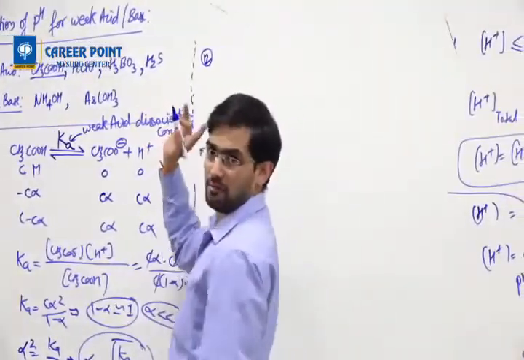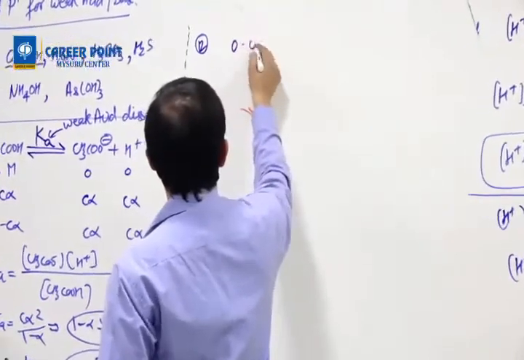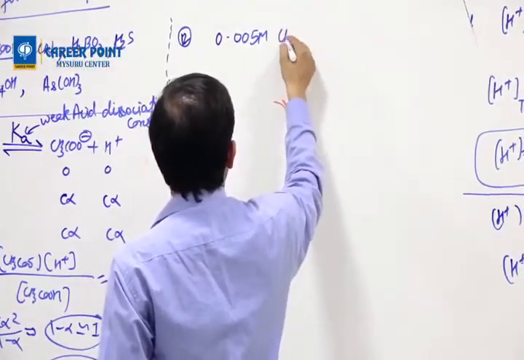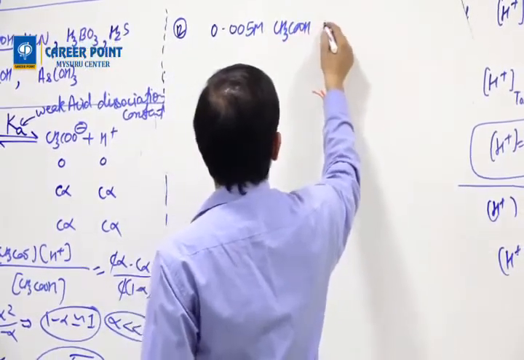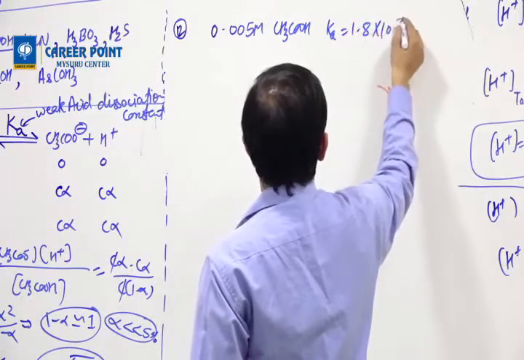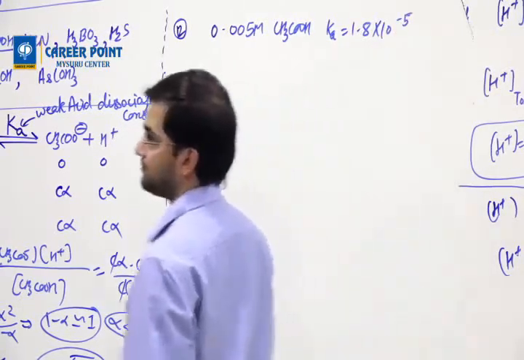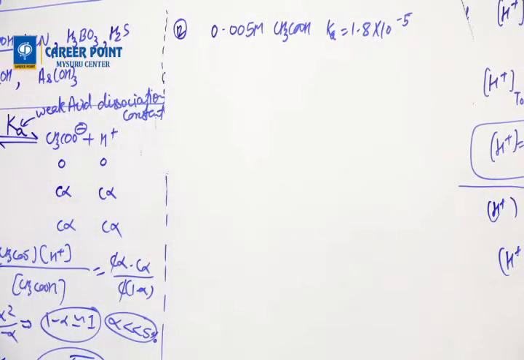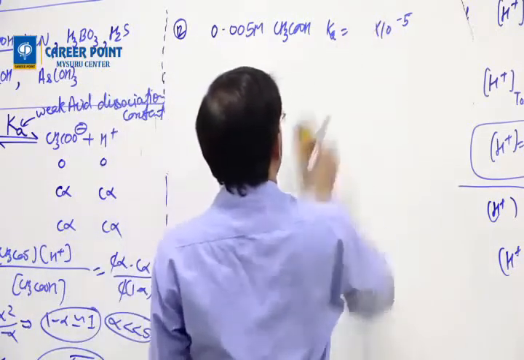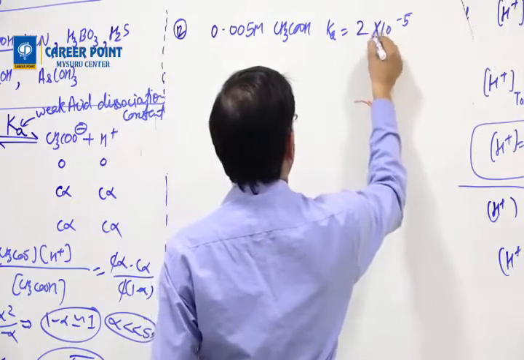Same question. Find pH of 0.005 molar acetic acid with Ka equals 1.8 into 10 power minus 5. Or you take 2.